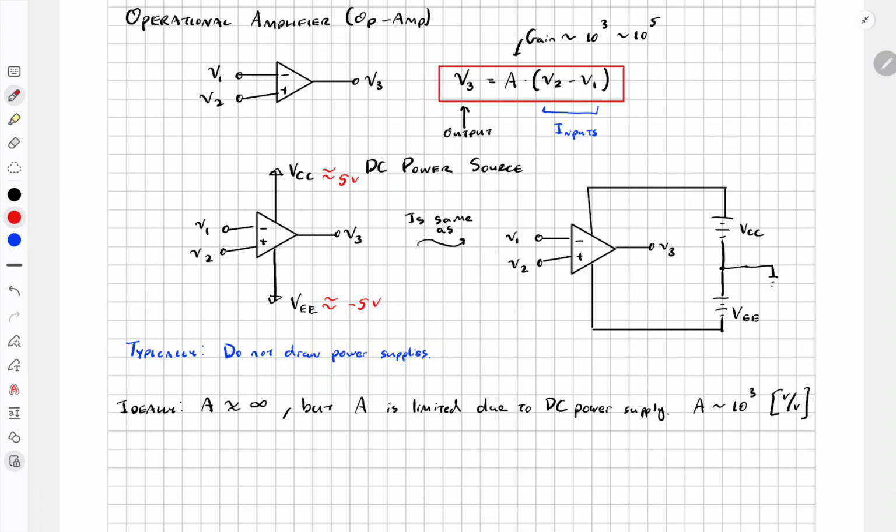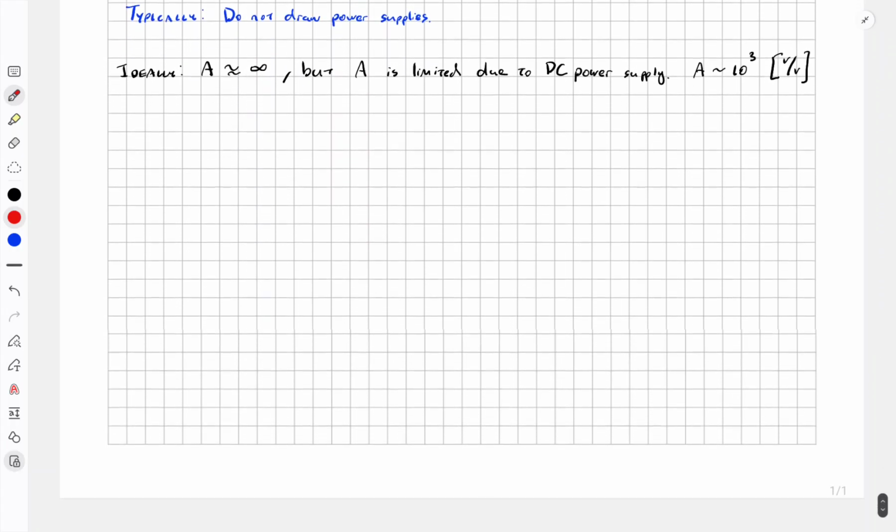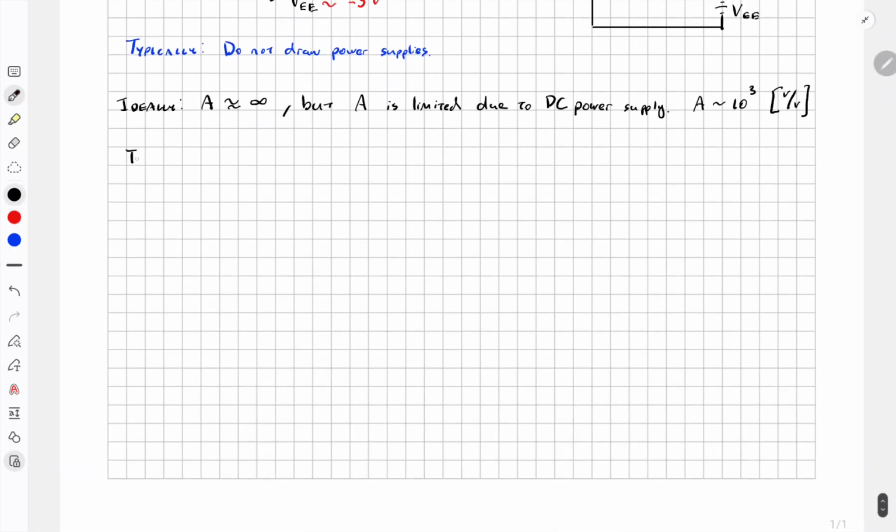Now let's talk about some terminology. Let's just draw it again. Our output is V3, and an input of V1, and V2 is the other input. Remember, V3 is equal to gain times V2 minus V1.